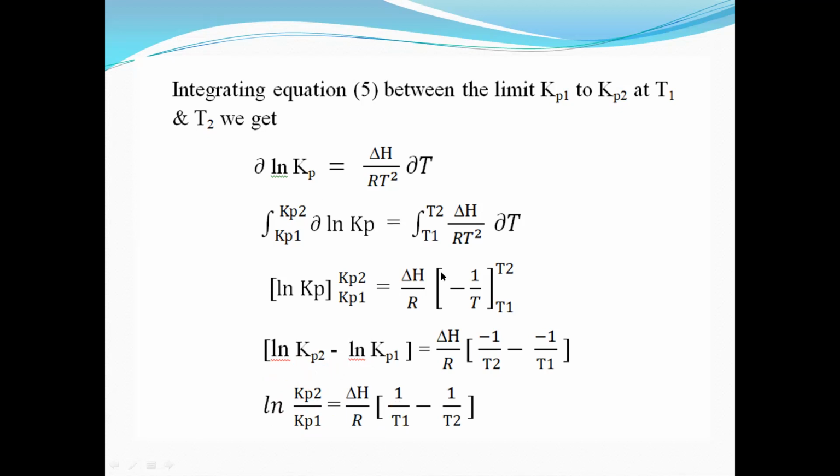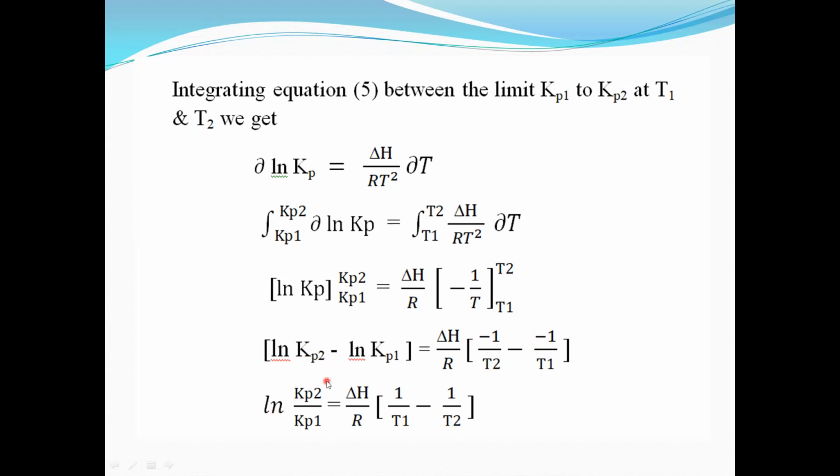Now this minus and this minus get plus. So the plus quantity we have to write first. So I will write here in bracket 1 upon t1 first, because minus and minus get plus. And then the second quantity, minus 1 upon t2.